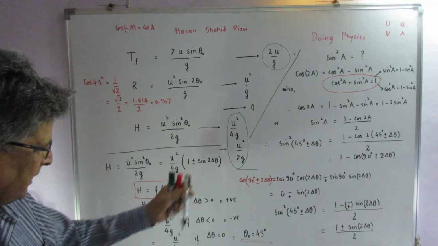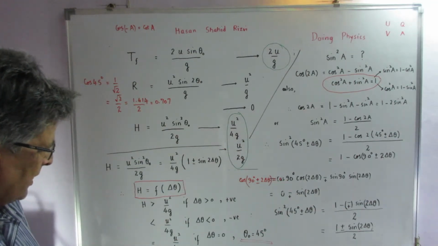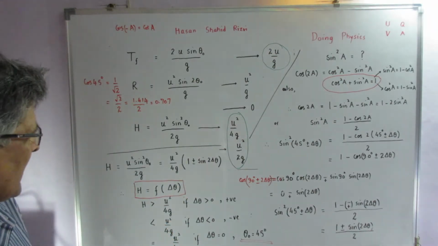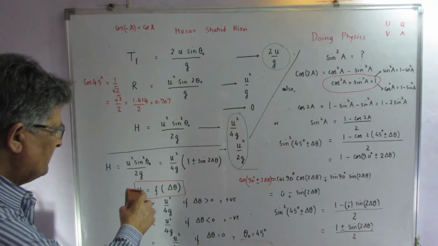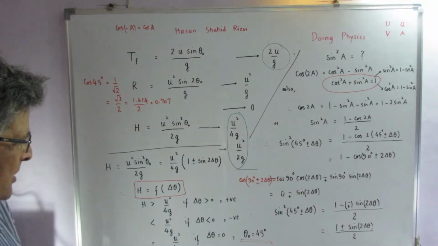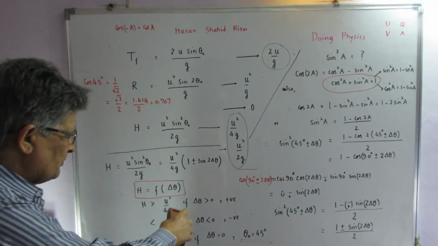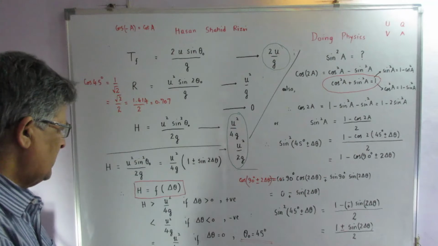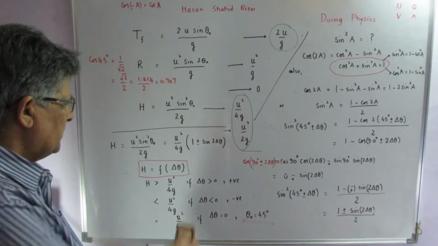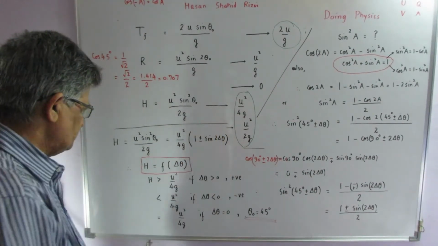Because I have not taken any numerical values, we are not able to appreciate what we are doing here. I found that if there is a small deviation in the angle from 45 degrees, and if it is more than 45 degrees, then we get a higher height, because this expression becomes 1 plus something.